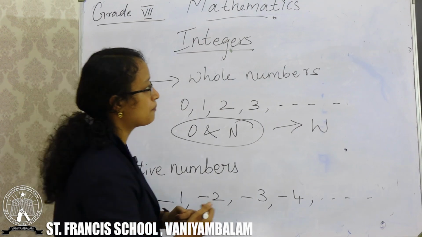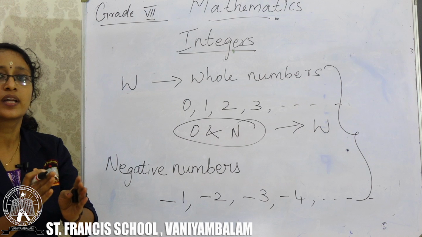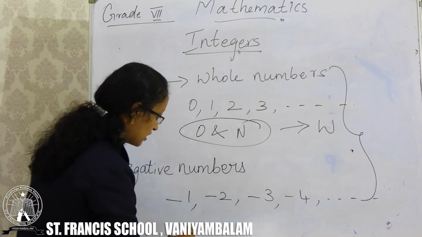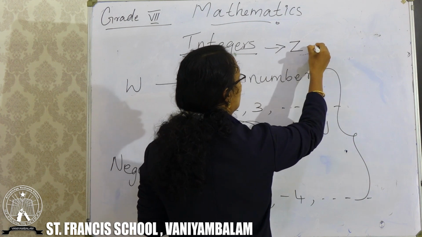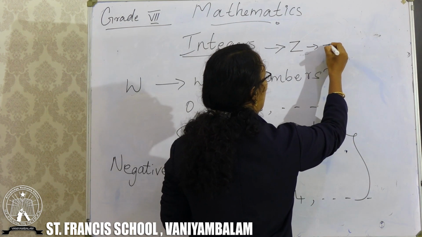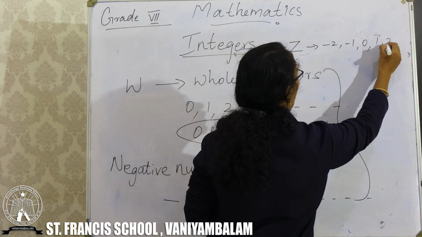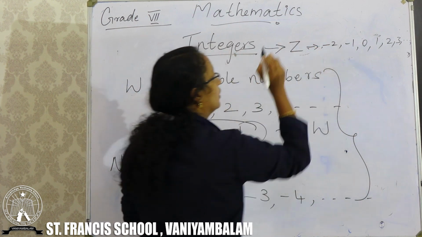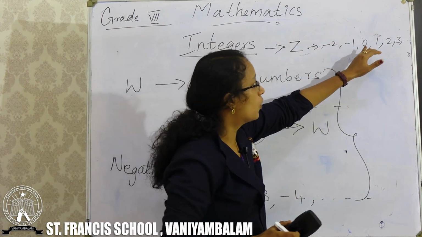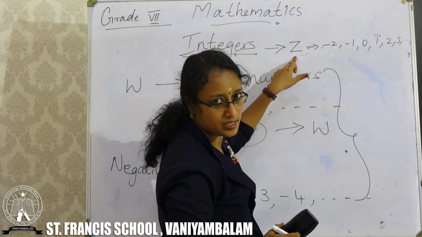Integers are nothing but the whole numbers and the negative numbers together. Integer is denoted by Z. That is ..., -2, -1, 0, 1, 2, 3, it goes on. So whole numbers and negative numbers together is Z.